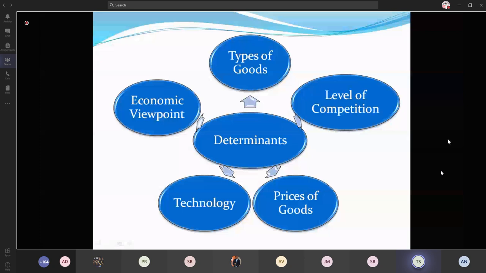We have producer commodities, consumer commodities, and also services. Apart from these two, producer and consumer goods, we have established goods and new goods. Established goods are the goods which already exist in the market, whereas new goods are the goods which are to be introduced.